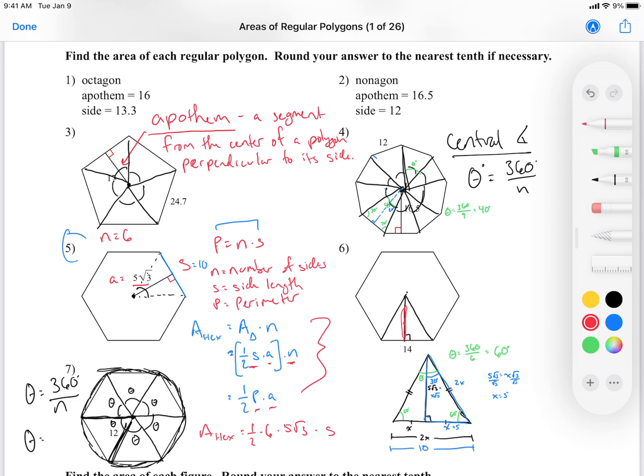But why this is nice as far as our formula is concerned is, again, area of the hex, and we're going back here.